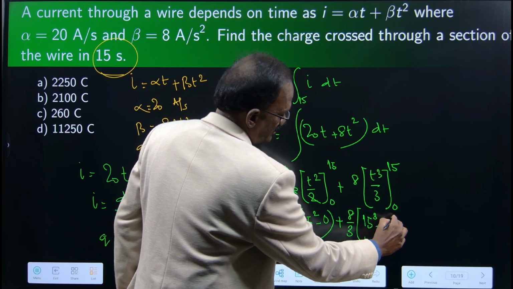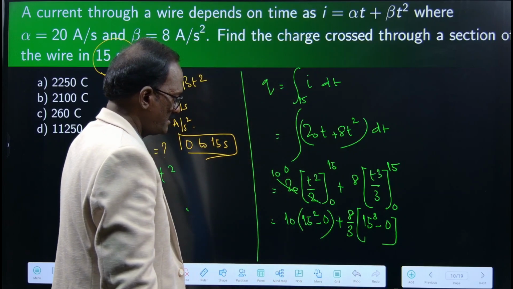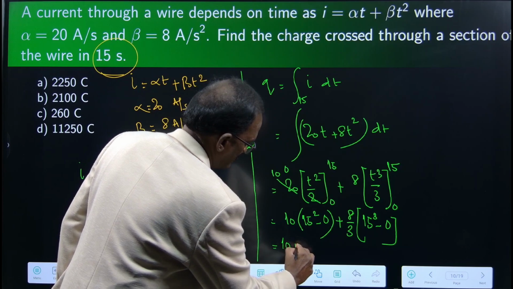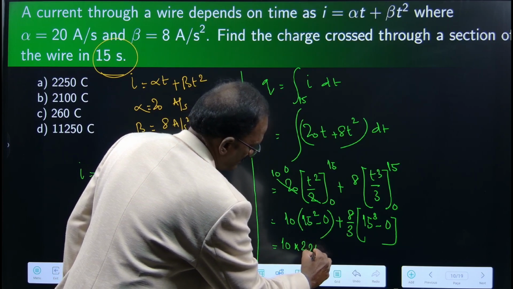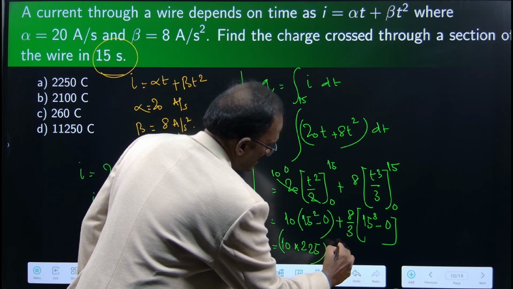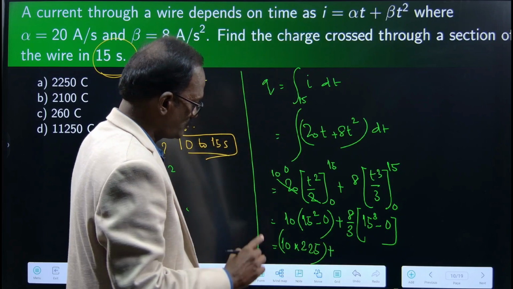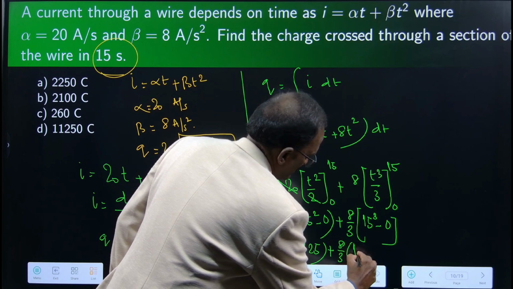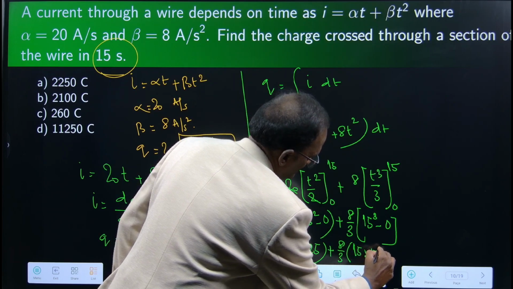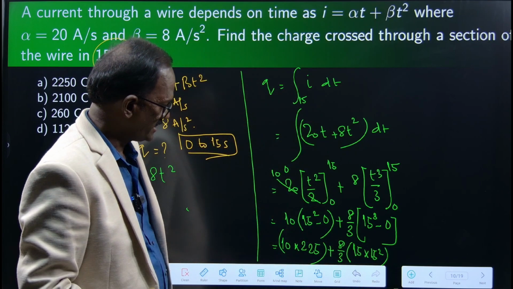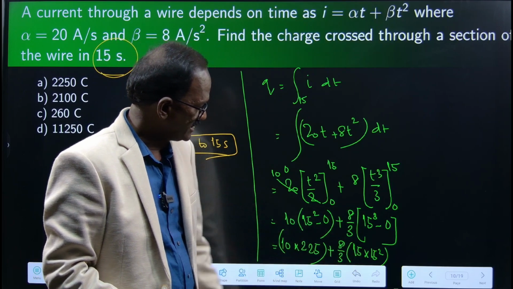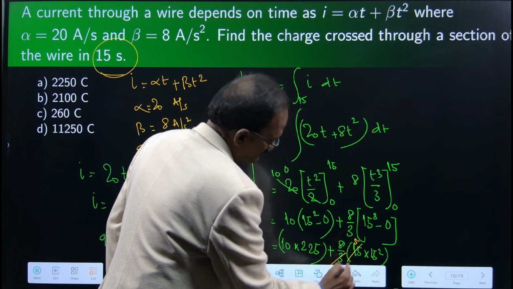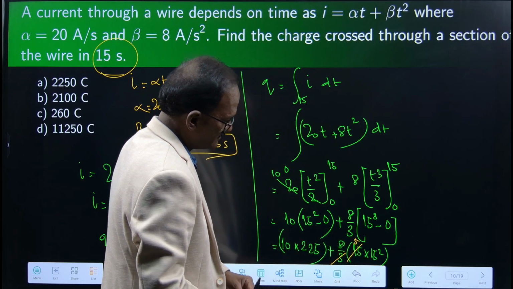This can be written as 10 into 15 square, which is 225, plus 8 by 3 into 15 cube. For convenience, I am splitting 15 cube as 15 into 15 square. So this can be made as 5, 5 into 8, 40.